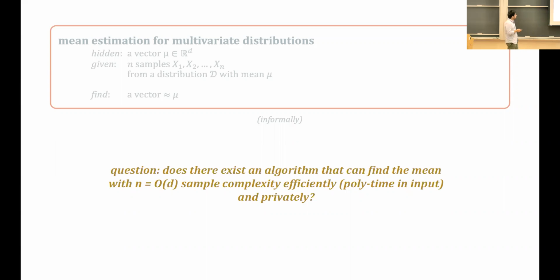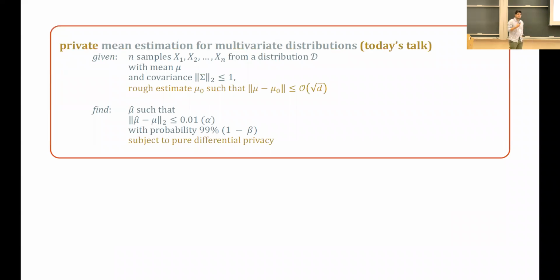And we answer this question, up to logarithmic factors in the sample complexity, that the answer is yes. And this is basically the most fundamental statistical task you can ask for. If someone comes and gives you a distribution, the simplest thing you can do is just estimating the mean of that distribution.